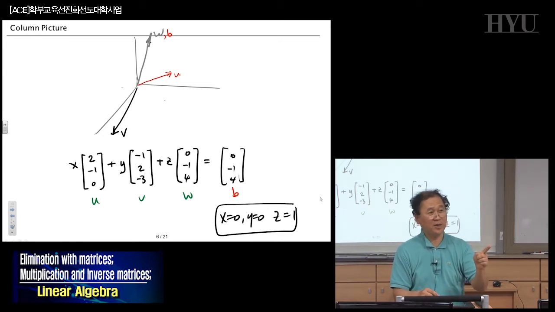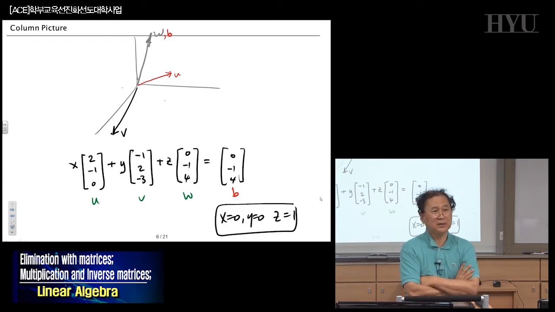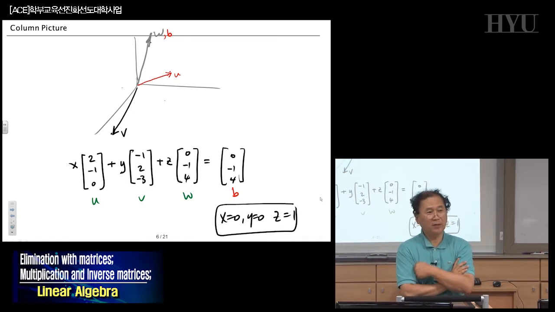We represent each column as a vector. So for a 3 by 3 matrix, there are 3 vectors. They are combined using this x, y, z as parameters, just a linear combination. Okay? So given the b vector, we know how to solve it. Sometimes, here I said there's no solution, sometimes too many solutions, right?